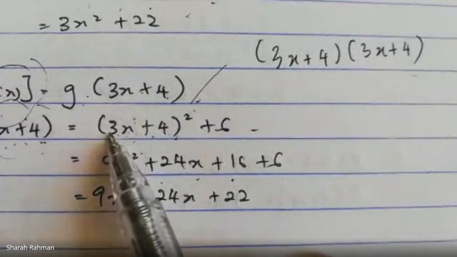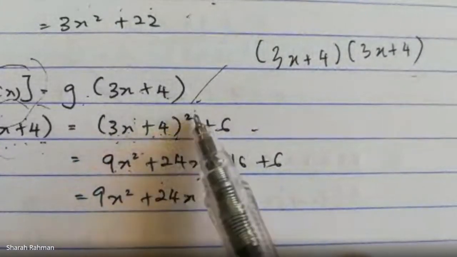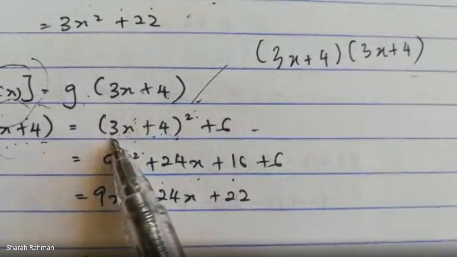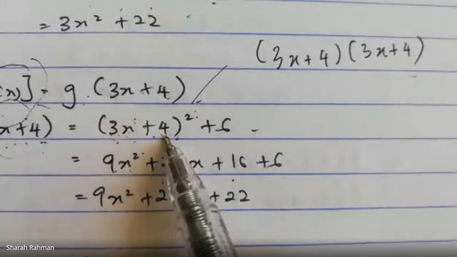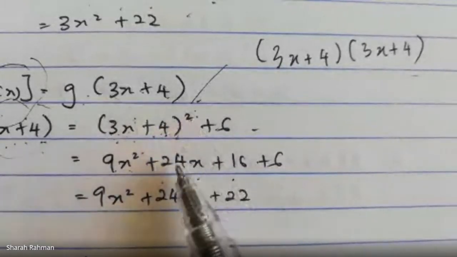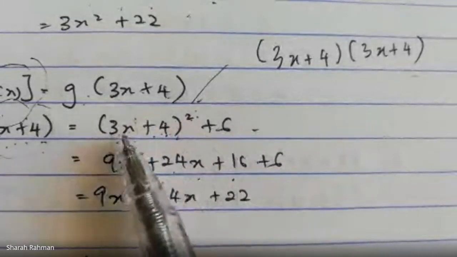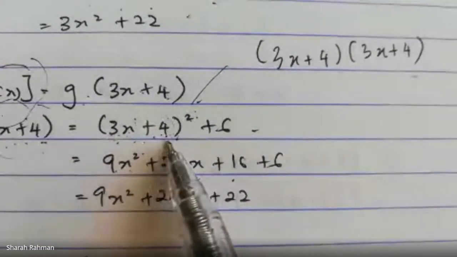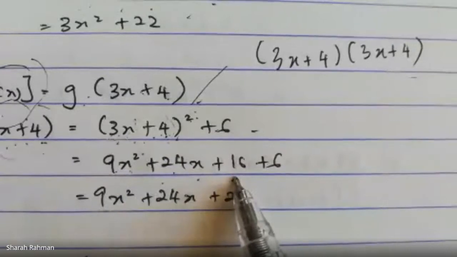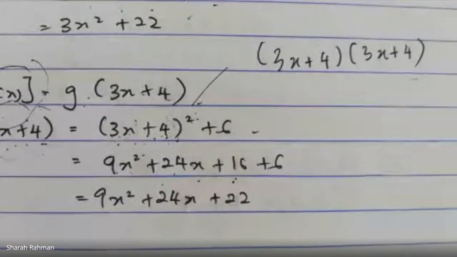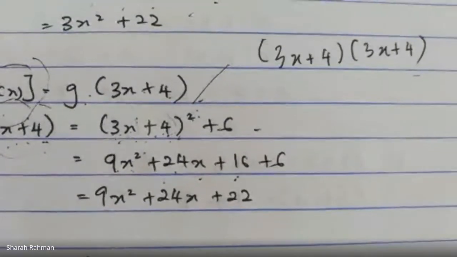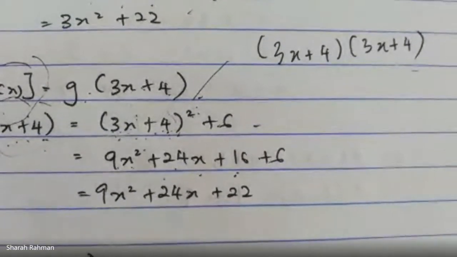Then this one times this one times this one. 3x times 4 times 2. 3x times 4 is 12x, times with 2 is 24x. So then this one we squared. So for positive 4 squared is positive 16. Okay, siapa tak tahu this shortcut method, you may PM me.